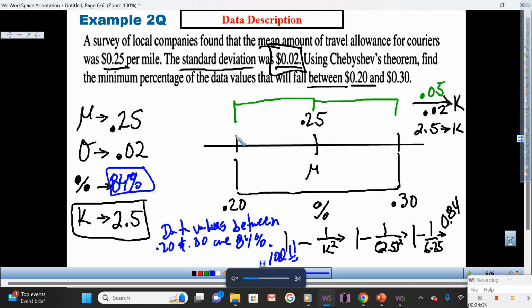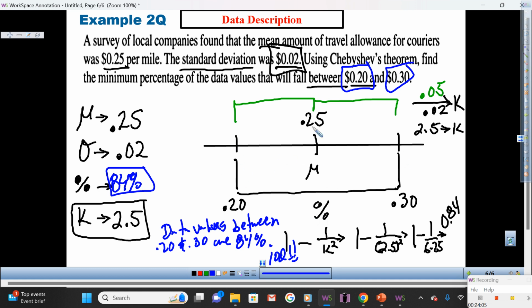So, what did we start with here? They only gave us two values, the mu and the standard deviation. We created our line, we wrote our mu. We didn't use standard deviation, but they gave us the end values of 0.20 and 0.30. And they wanted us to compute the percent.